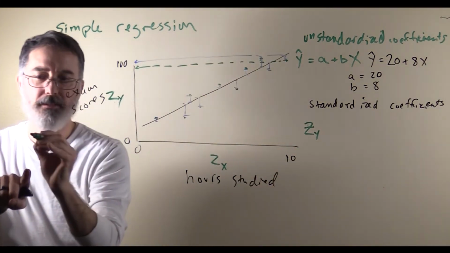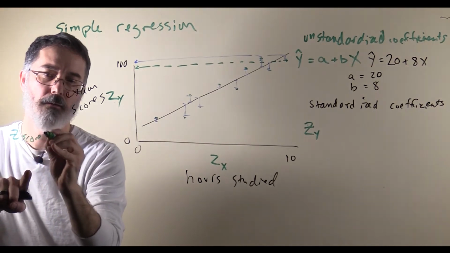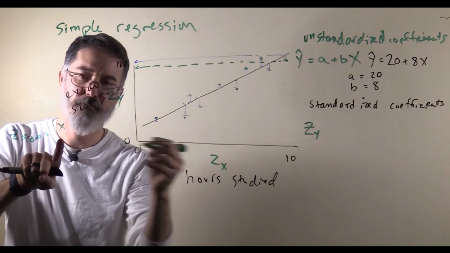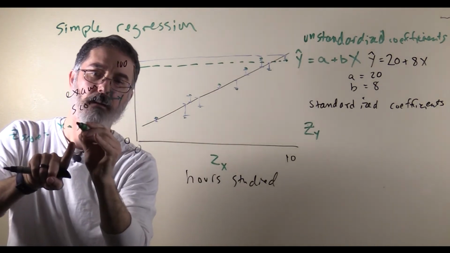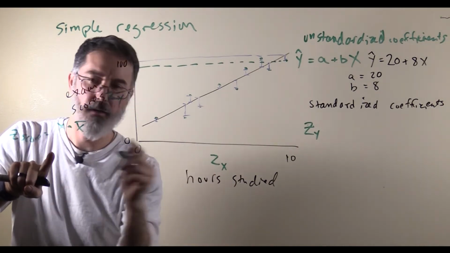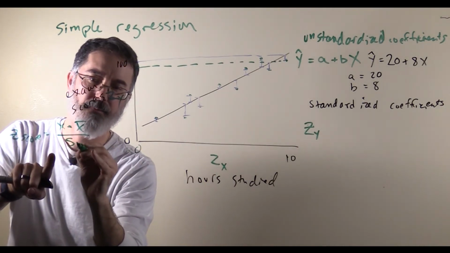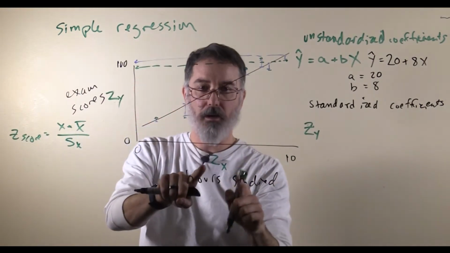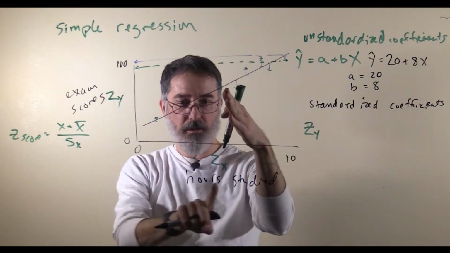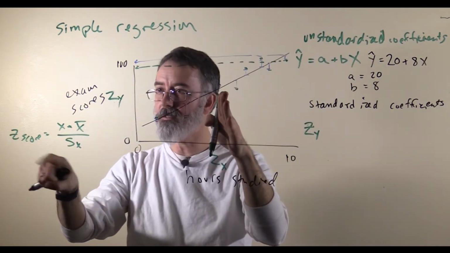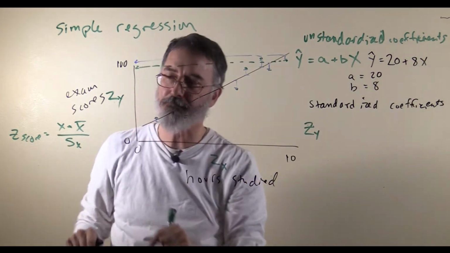Right, and so remember, a z-score is just the actual score minus the mean of that variable divided by the standard deviation for that variable, right? So the mean score for hours studied would have a z-score of 0 because it would be the same as the mean.